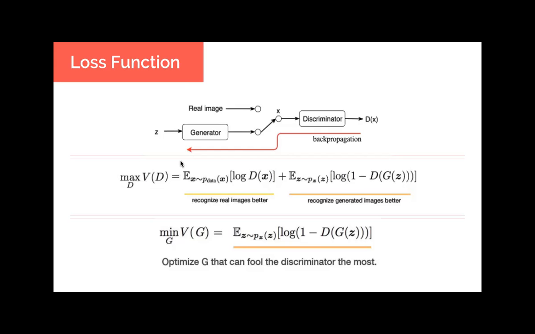Let's calculate the fake one. What is the label for the fake image passing through the discriminator? 0. And what is the y hat? Yes, it's D of G of z.